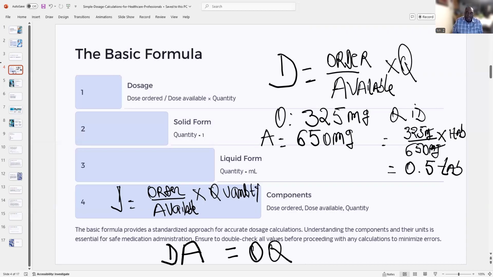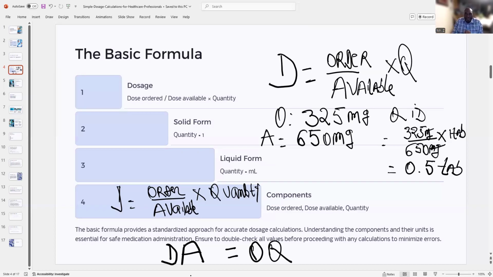This is the master formula I want you to remember, because it will save you time as we learn about infusion rate using a simple dosage calculation. So in this instance, dosage multiplied by available equals order multiplied by quantity. This is the master formula for anyone that has a basic concept of mathematics.